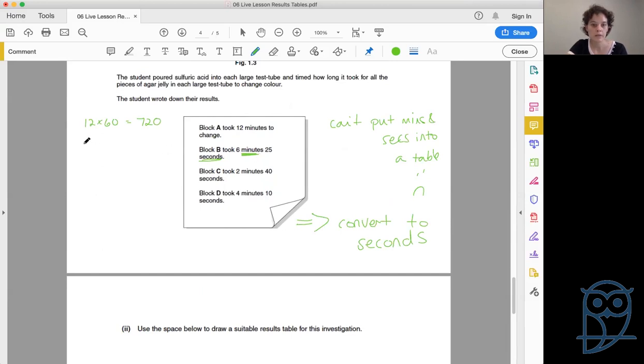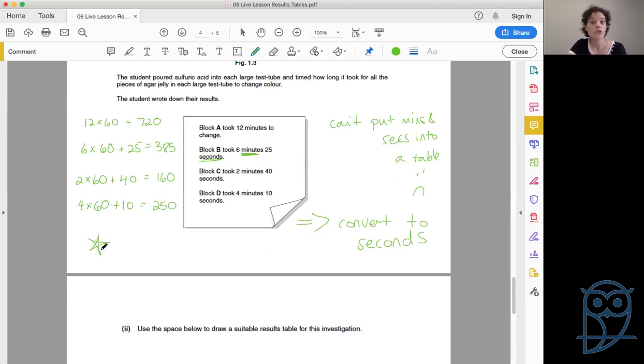Block B, 6 minutes times 60 seconds plus 25 seconds equals 385. Block C, 2 minutes times 60 seconds plus 40 seconds gives us 160 seconds. And block D, 4 times 60 seconds plus 10 seconds equals 250 seconds.